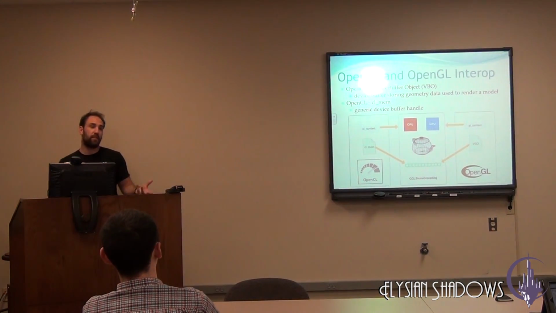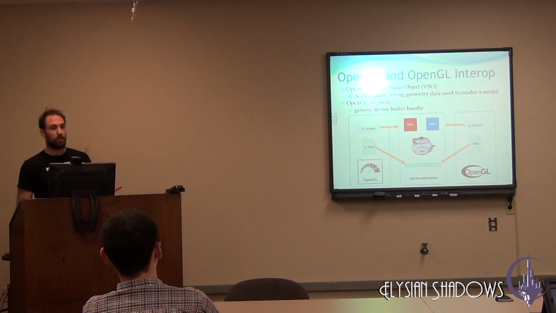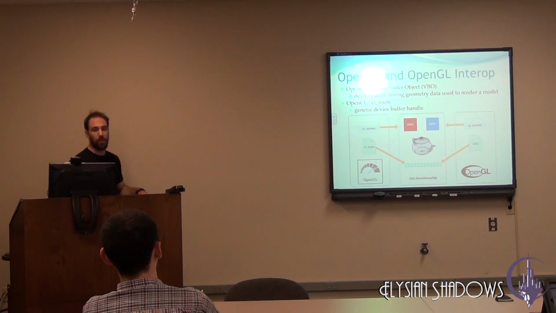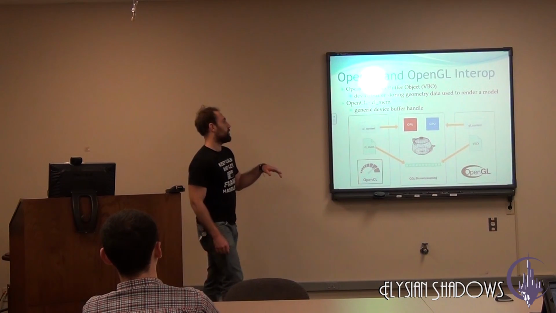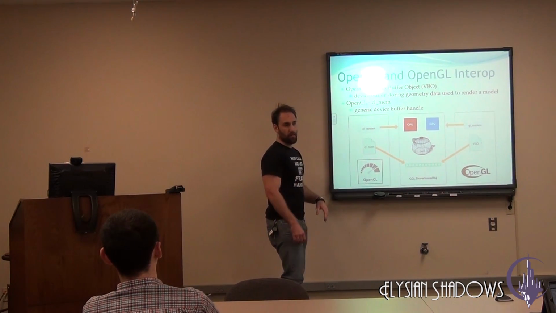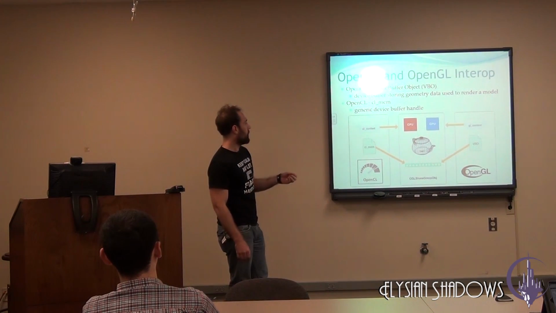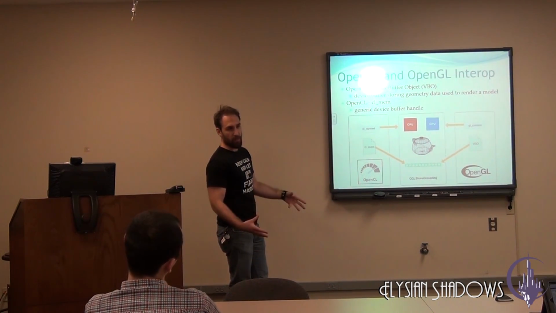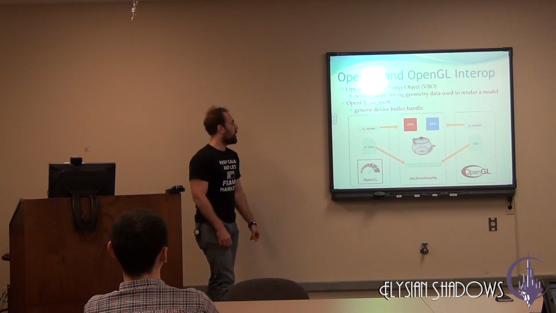So it eliminates a lot of overhead, especially for complicated models. It basically lives on the GPU, which is kind of like something else we know, which is the CLMEM, which is the host side memory handle to basically a chunk of memory on the GPU.